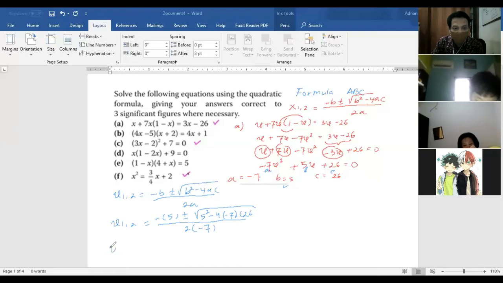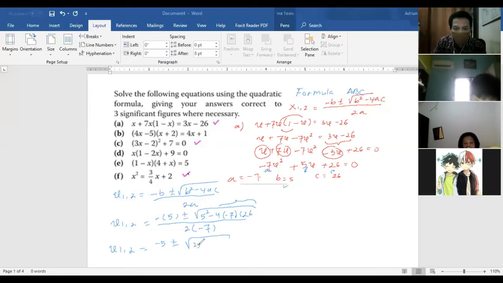Okay. So x1,2 equals minus 5 plus minus root of, you have to solve this one first. Okay? Why? Because ac is multiplication, so the multiplication is the priority, right?